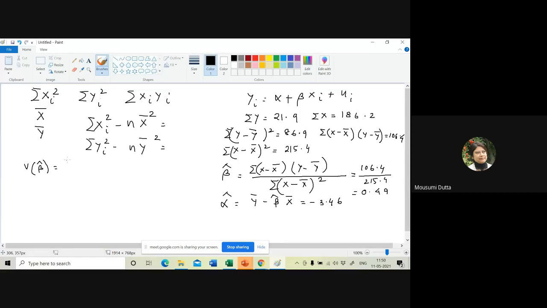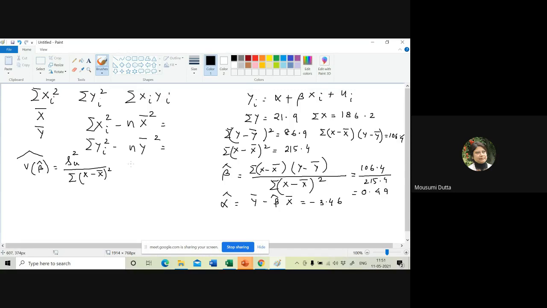So for the variance of beta hat, we are actually finding the estimated value. So it is Su squared divided by summation of this thing.